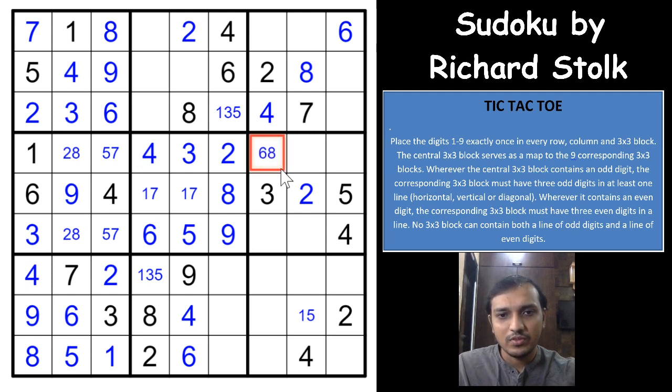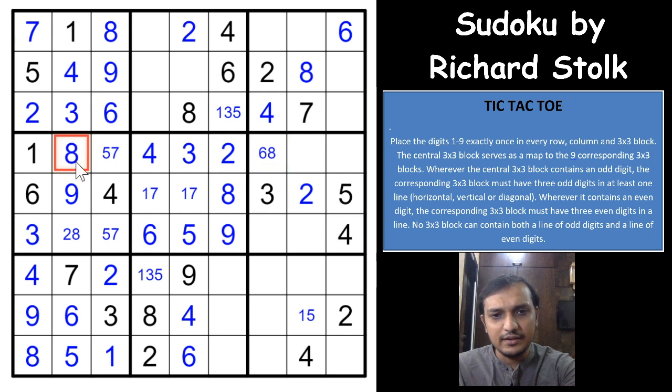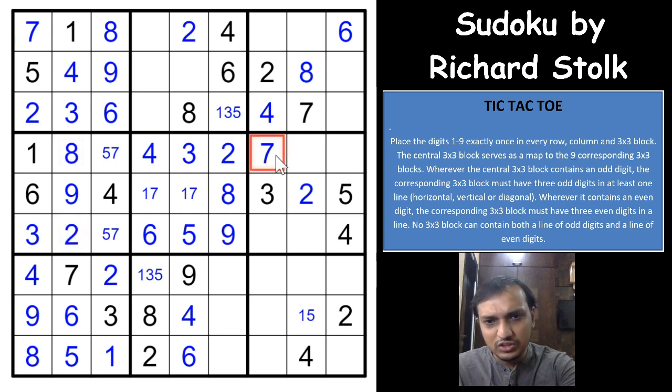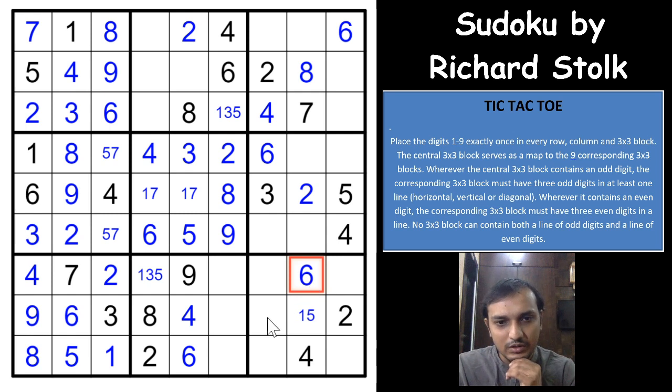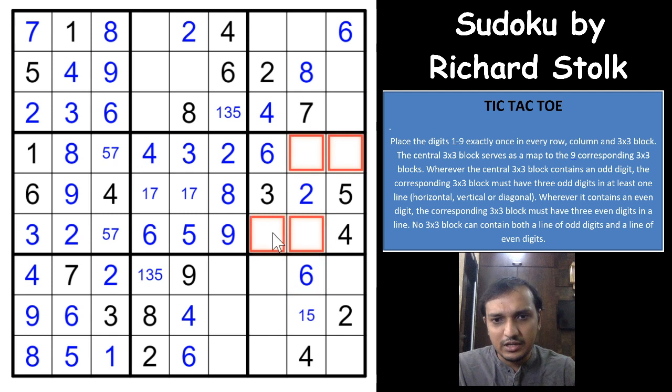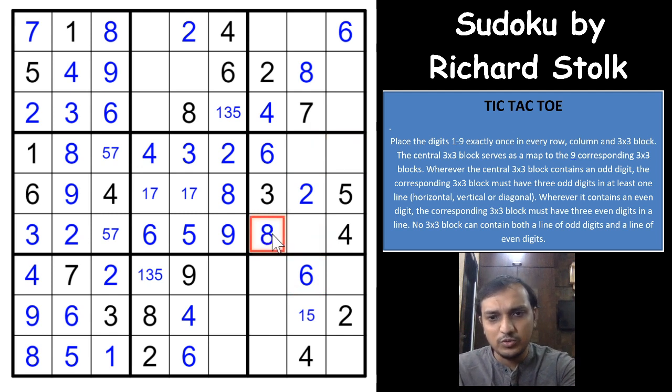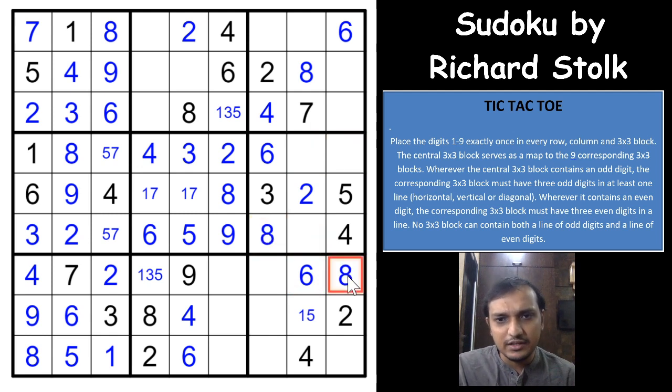Okay, this 2 will give you an 8 here, that gives you a 2 here, that gives you a 6 here, and that gives you a 6 here. Okay, 8 cannot be here, this would be an 8, sorry, that gives you an 8 here. So I think we have fulfilled all the even digits here, right? And it's the part of placing only the odd digits now.